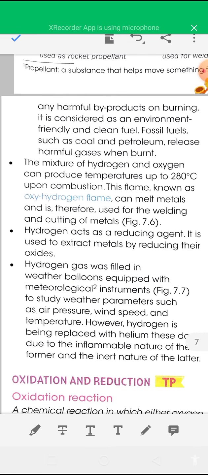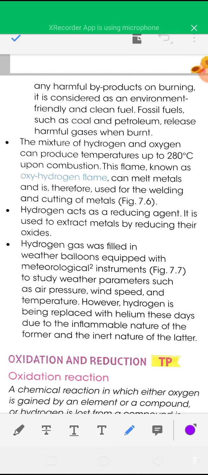A mixture of hydrogen and oxygen can produce temperatures up to 2800 degrees Celsius upon combustion, and this flame is known as the oxyhydrogen flame. This oxyhydrogen flame can melt metals and is therefore used for welding and cutting of metals.